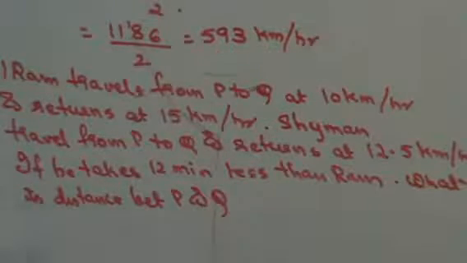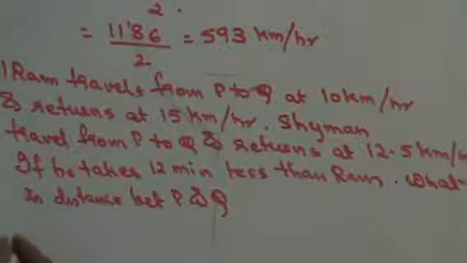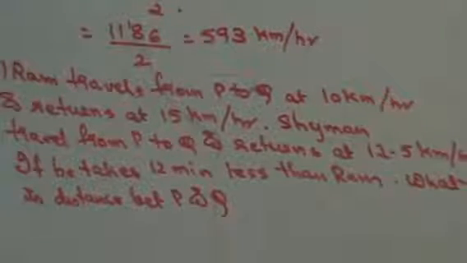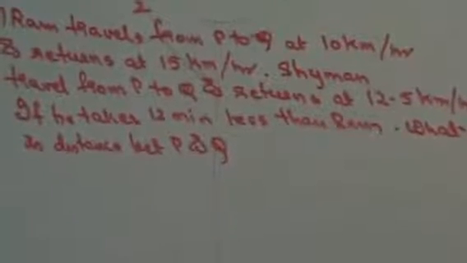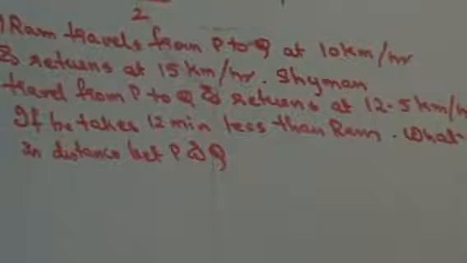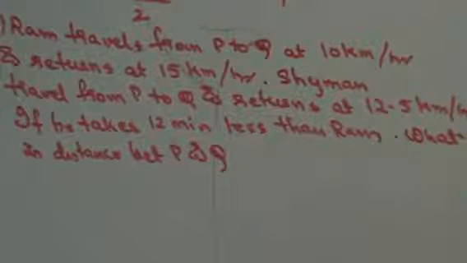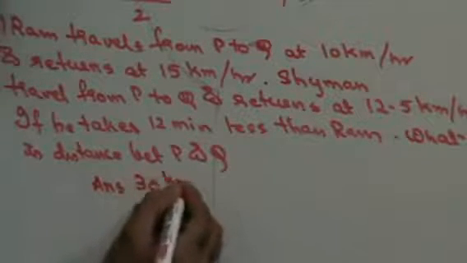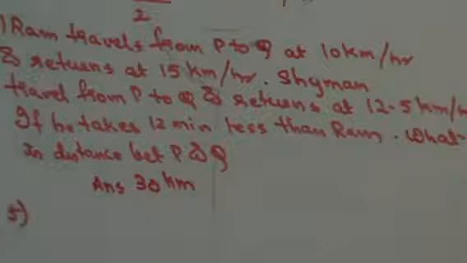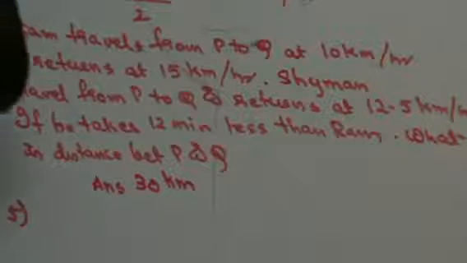Look at the sixth sum of the previous lecture and try solving this sum. If you want the answer, the answer should be 30 kilometers. Time you started solving sums on your own, guys. I'll show you one sum of a kind and then you need to solve.